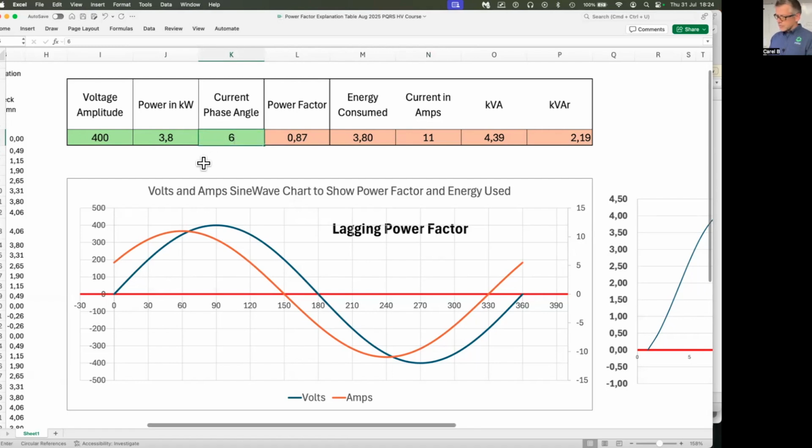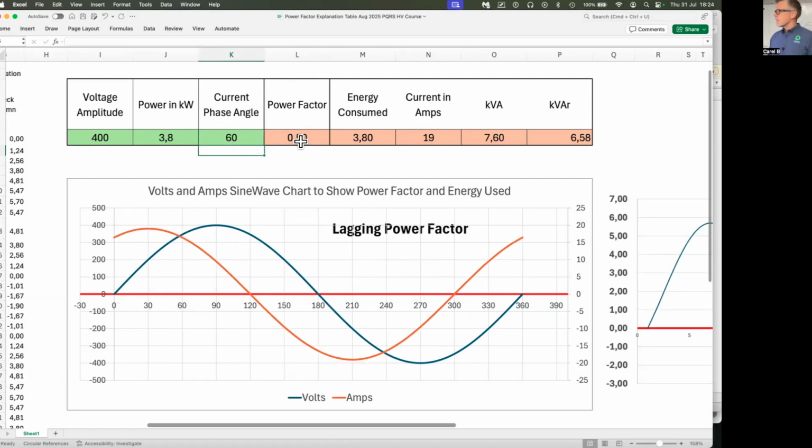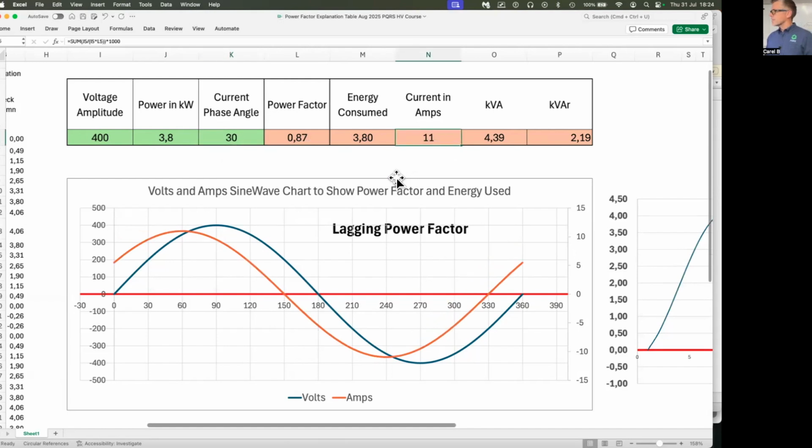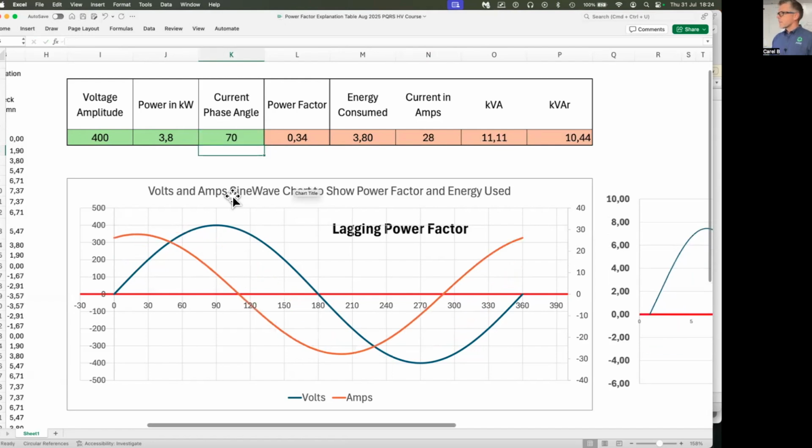We change that to 60 degrees. Our power factor is now 0.5. And the current in amps is 19. If we take it back to 30, the current is 11. Do you guys see where the amps are going? If we take this up to 70 degrees, it makes our power factor 0.34. It's taken our amps up to 28.